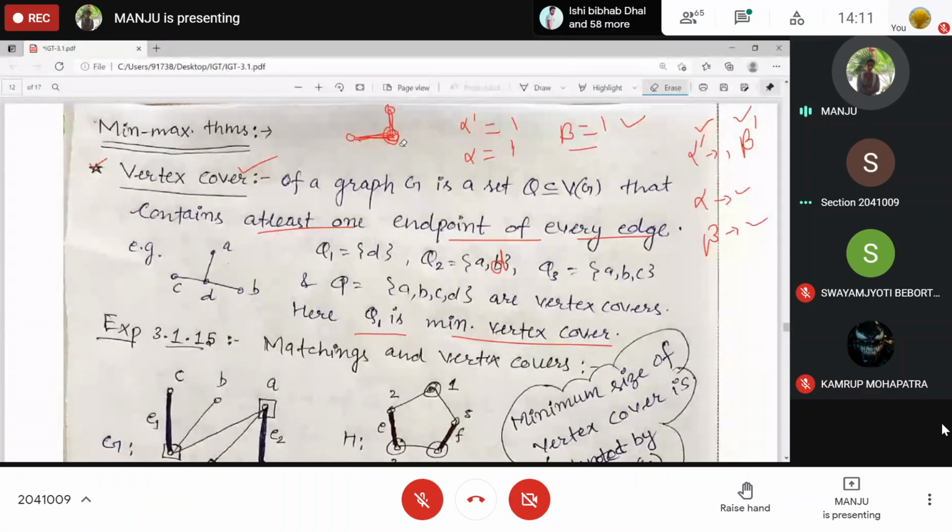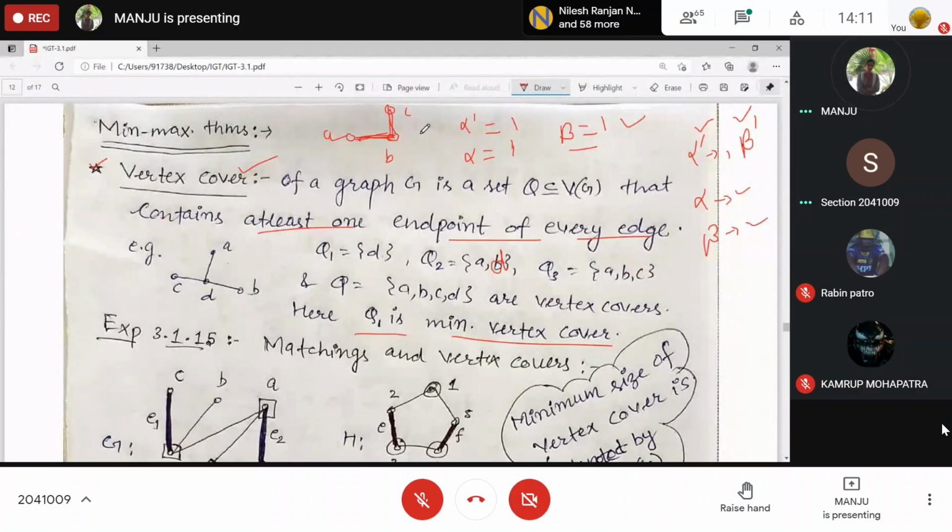What about alpha? Alpha is corresponding to maximum independent set of vertices. How many independent vertices maximum? 2. Taking it one at a time, yes, it is independent.